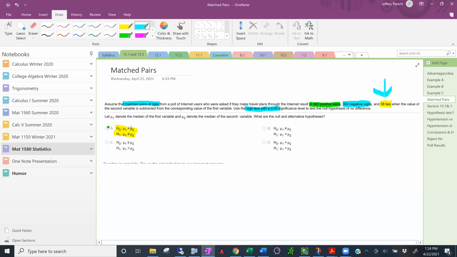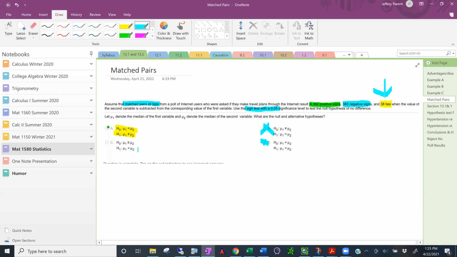In any case, they give you 4 different options. Obviously, you're not going to choose this option because it doesn't have an equality in the null hypothesis. This one's a left tail test, and that was just a different left tail test, just a different way to write the null hypothesis.